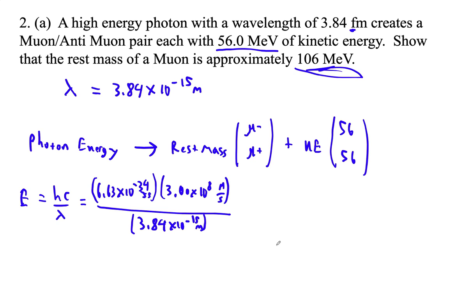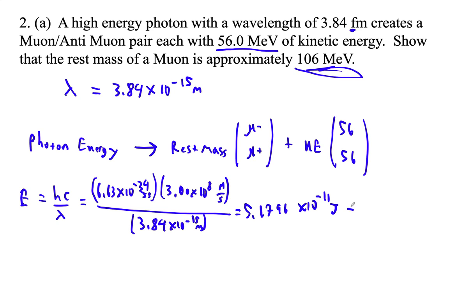So 6.63 times 10 to the minus 34th times 3 times 10 to the 8th divided by 3.84 times 10 to the minus 15th, I get 5.1796 times 10 to the negative 11th joules.